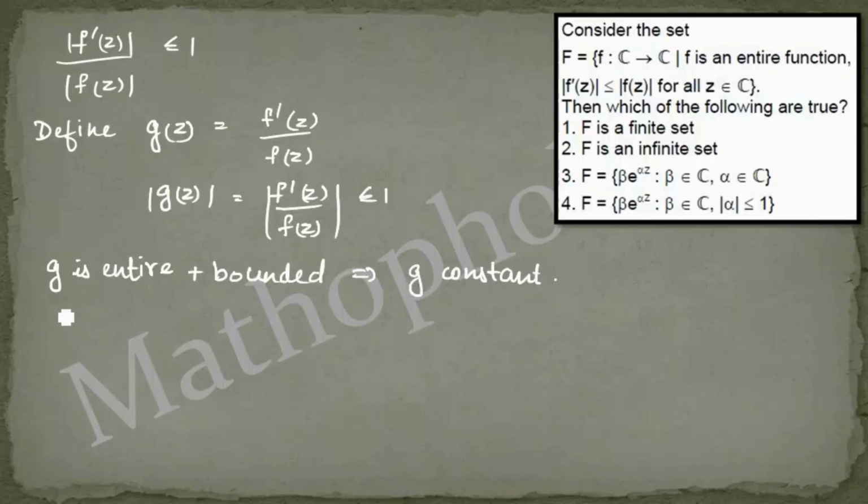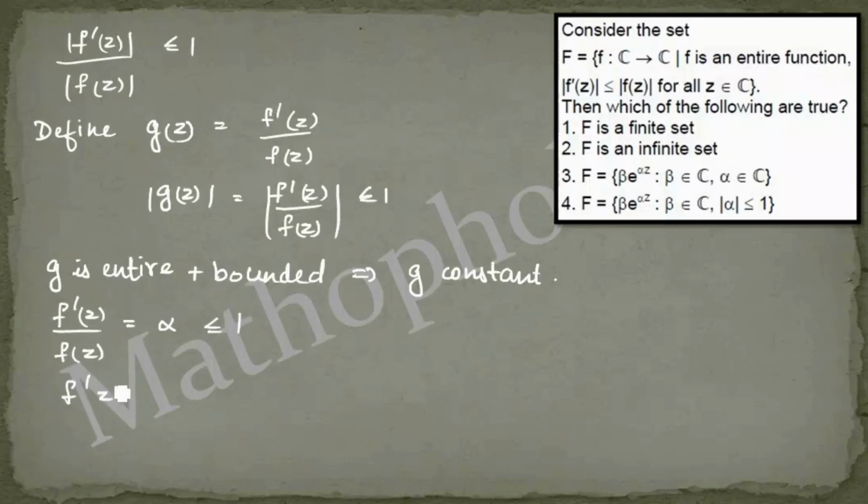So we can write f dash of z by f of z is equal to alpha for some constant alpha, which is less than or equal to 1.